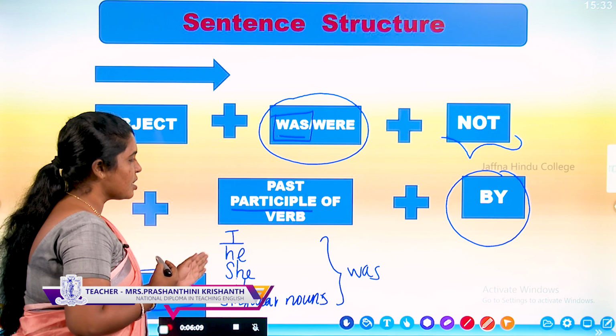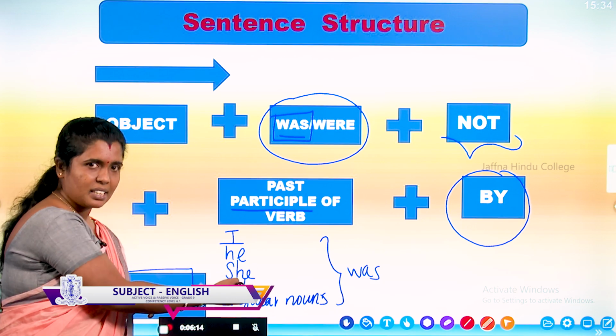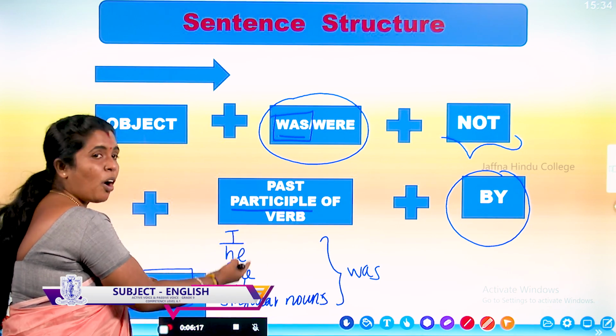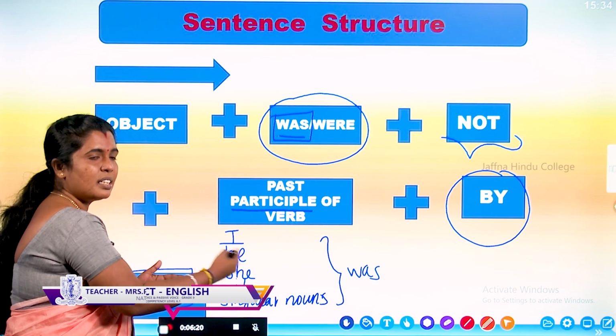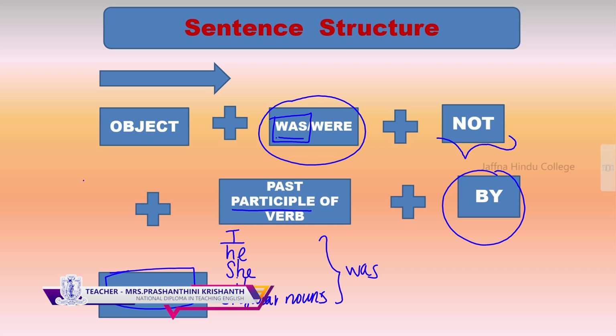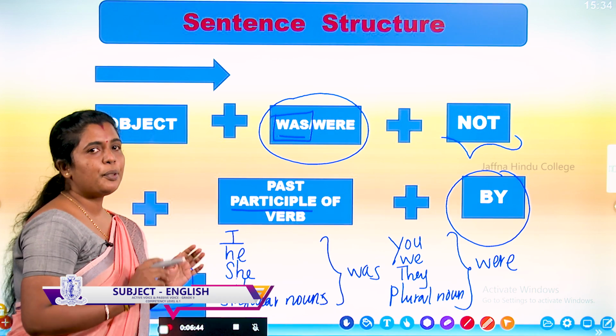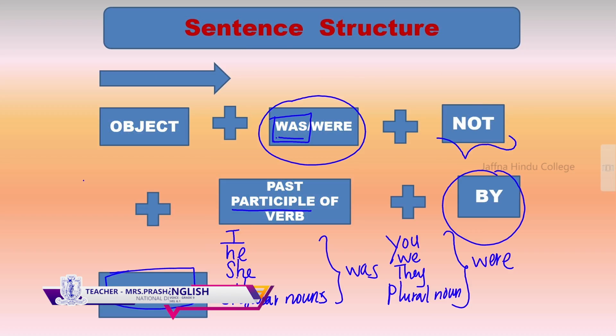He was, she was, it was, like singular nouns. Singular noun means the cat was, the boy was, the girl was, the chair was, right? So if it is you, we, they, and plural nouns, what will happen? We must use were, right? So you have to be very careful here.